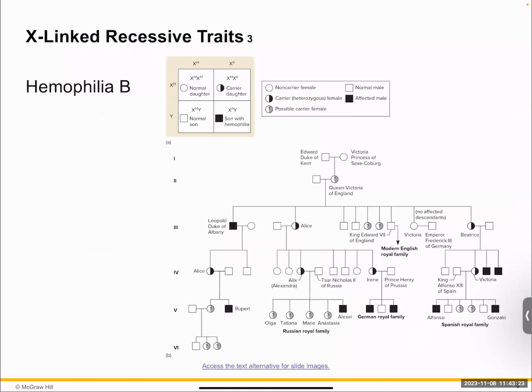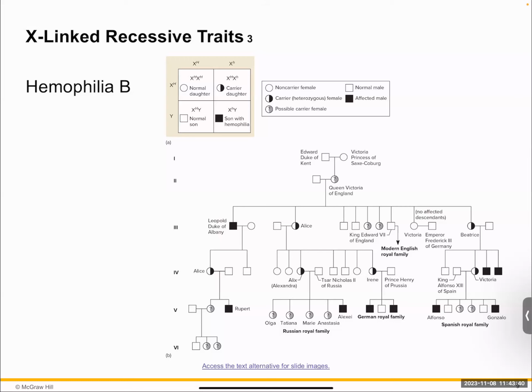Now, the word hemophilia simply means that you are unable to effectively form blood clots. So if you cut yourself, you have a very long bleeding time and clotting time. I wanted to show you what that looks like.